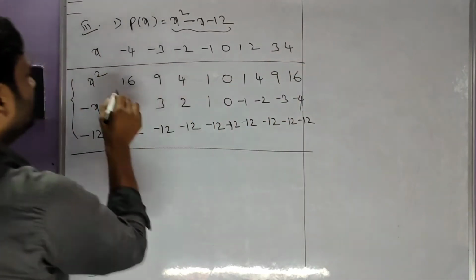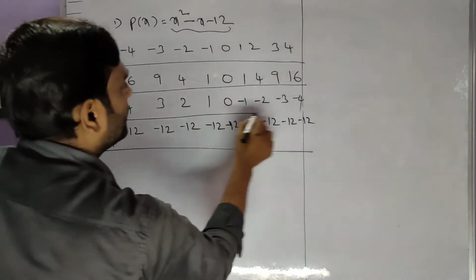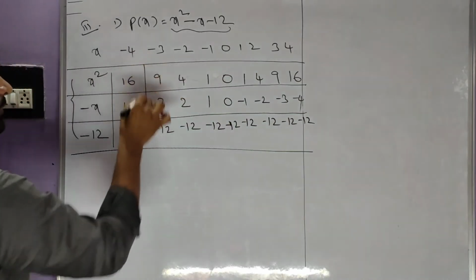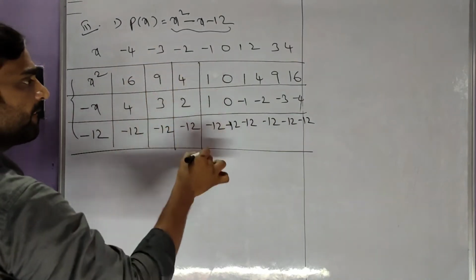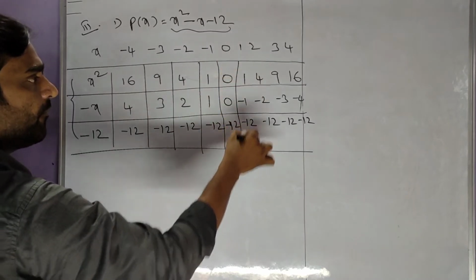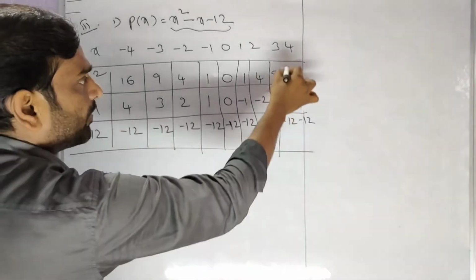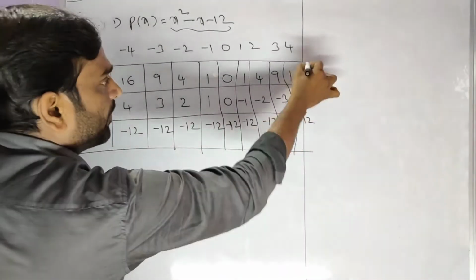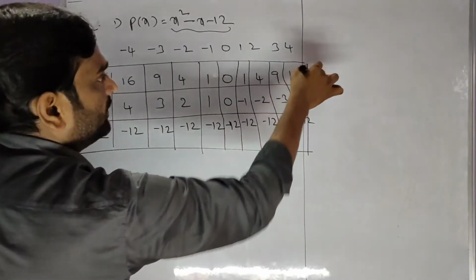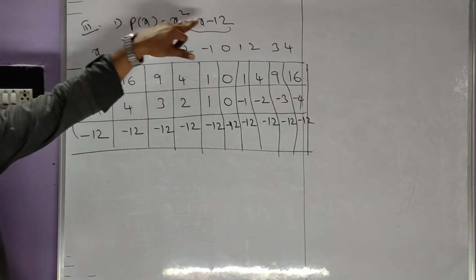Draw the chart, then you will get clear. Listen, the given polynomial is x square minus x minus 12.